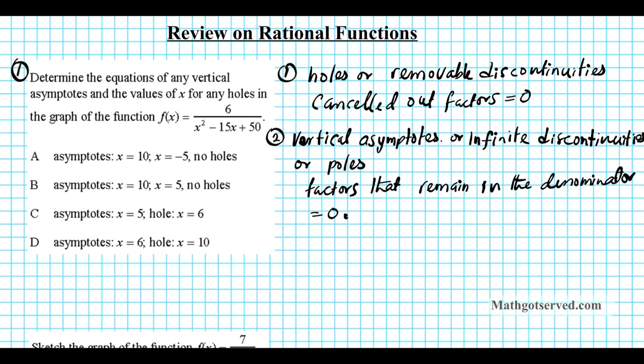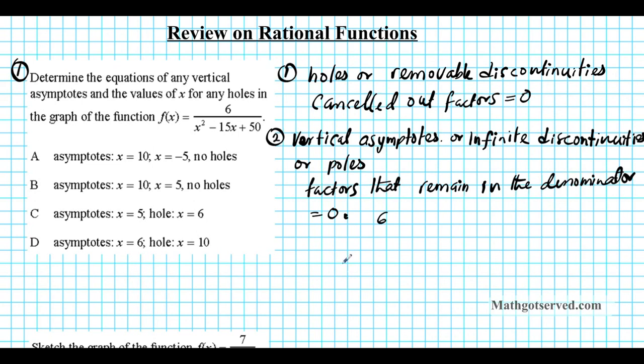So when you're canceling out factors, whatever cancels out, you set it equal to 0 and solve. That tells you your holes, or removable discontinuities. But when you're looking for vertical asymptotes, poles or infinite discontinuities, they all mean the same thing. The factors in the denominator that cannot be canceled out, if you set those to 0 and solve, will be your vertical asymptotes, infinite discontinuities, or poles. All right? So let's take a look at the problem under consideration.